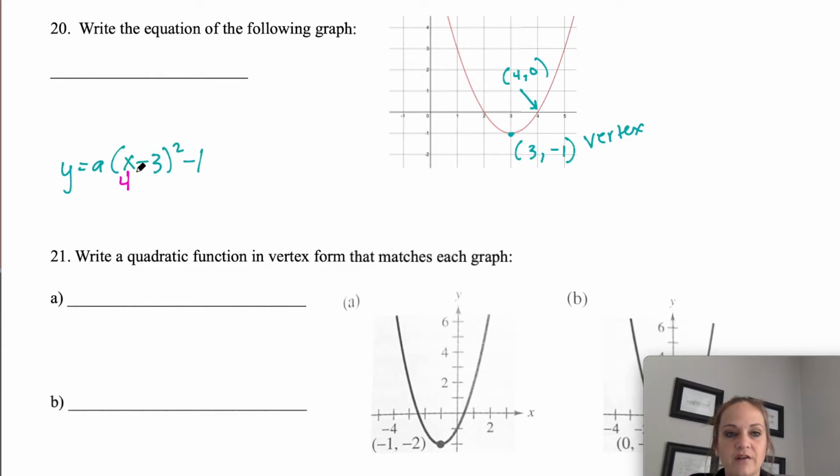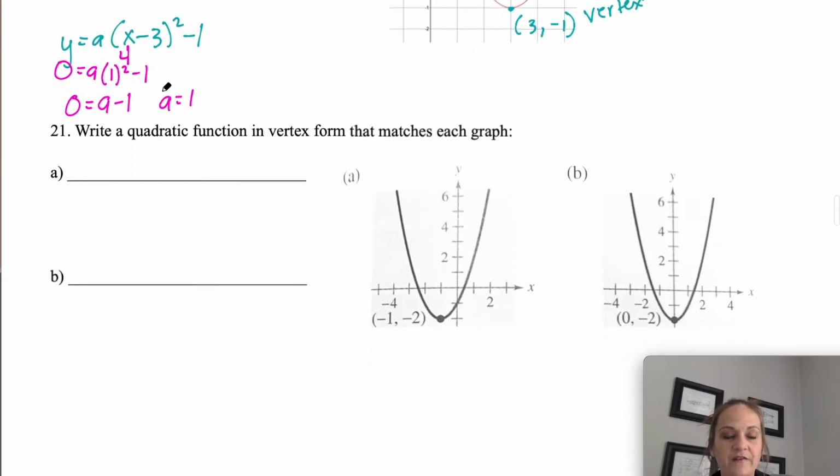If I plug 4 into my x and 0 into my y, I'll get 0 equals a times (4 minus 3), which is 1, and then minus 1. A times 1 is just a, and then minus 1. To solve for a, I just add 1 to both sides, and a equals 1. So therefore, it was not compressed or stretched because it's a 1-to-1. So our final answer is going to be y equals (x minus 3) squared, and then minus 1.